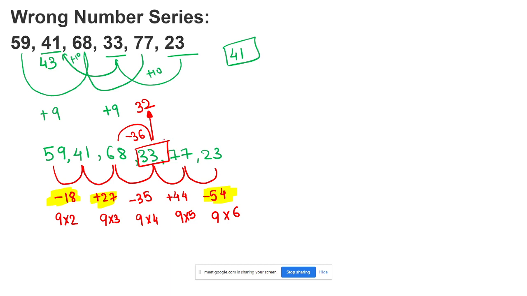And if you see very carefully, what should the next pattern have been? 9 fives, that is, here it should have been plus 45. And 32 plus 45 gives you the next number perfectly. Yes, 32 plus 45 is 77. Yes, correct.